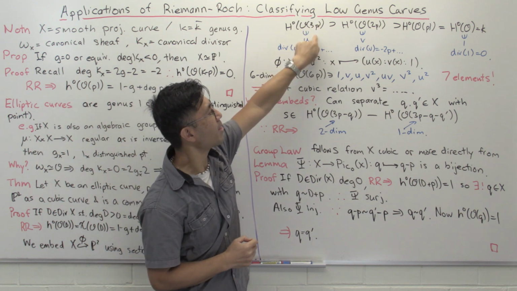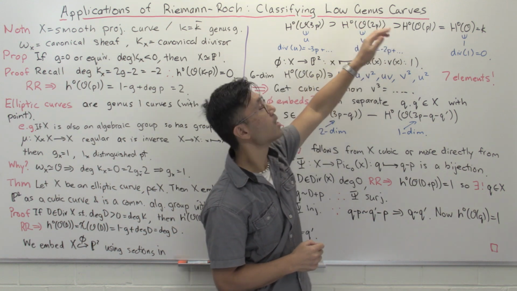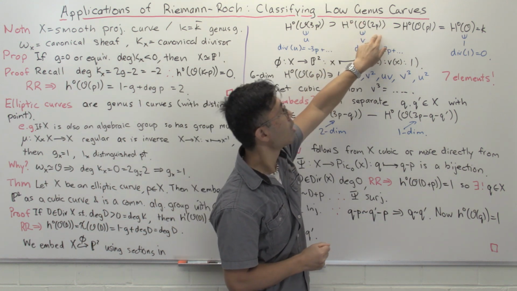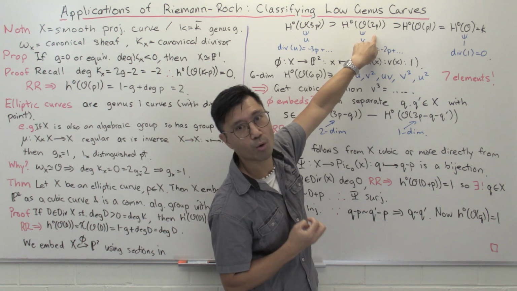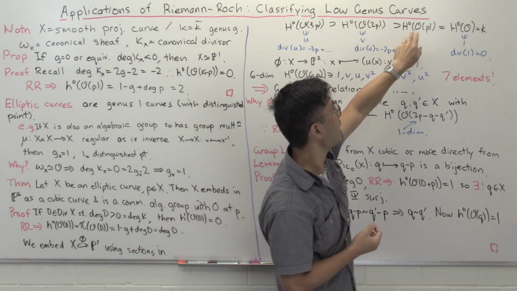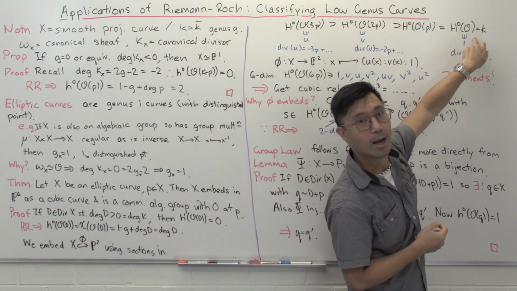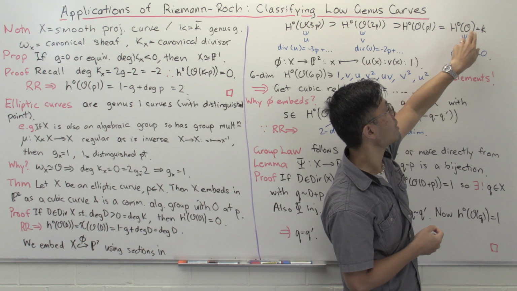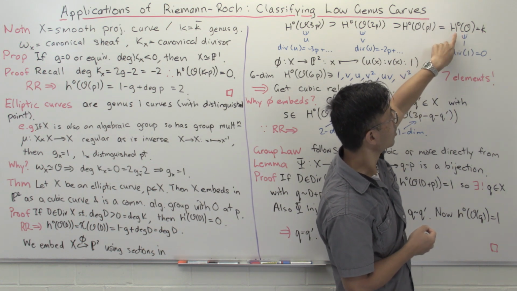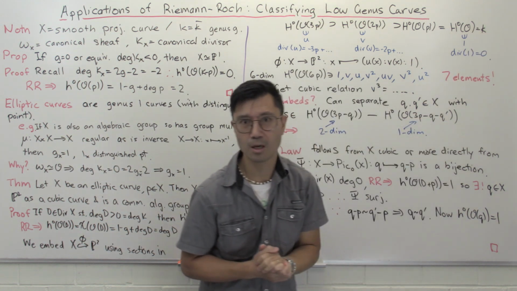When you think about that, this obviously contains H0 of O(2P), since these are just the rational functions whose only pole is at P and the order of the pole is at most 2, and that in turn contains H0 of O(P), which in turn contains H0 of O, and the only global sections of O, so the only functions which are globally defined and regular everywhere, are just the constant functions K.